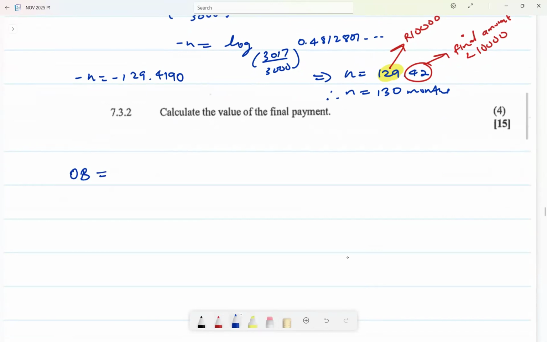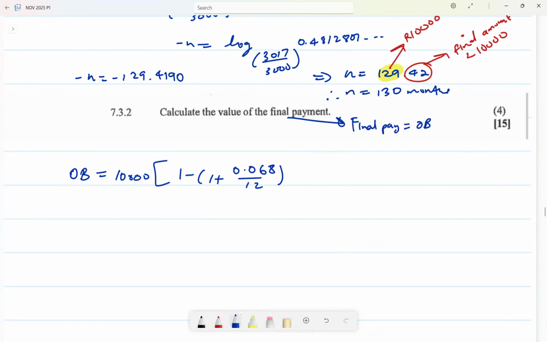So I'm going to use present value. Present value is 10,000 times 1 minus 1 plus 0.068 divided by 12. By the way, to find the final payment, it is equal to the outstanding balance times 1 plus I to the power of 1. So I want the outstanding balance at 129 months.